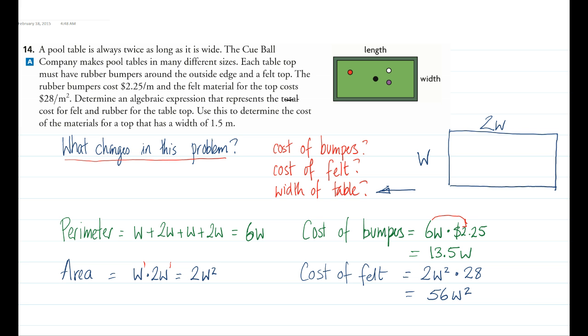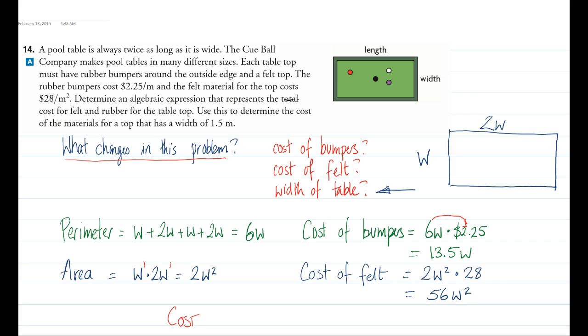So I can combine these together now. If I want to figure out the cost of the entire table coverings, then the total cost is going to be the cost of the bumpers plus the cost of the felt. Since we have an expression for the bumpers and an expression for the felt, we can add those together and that will give us an expression for the total cost.